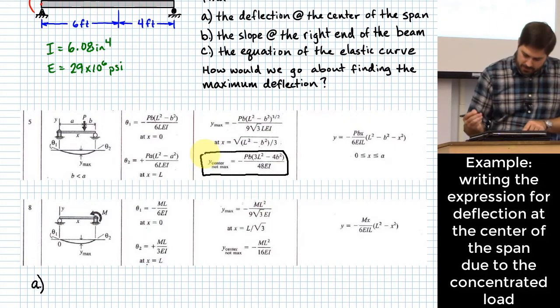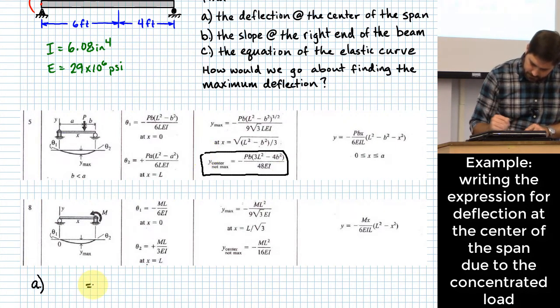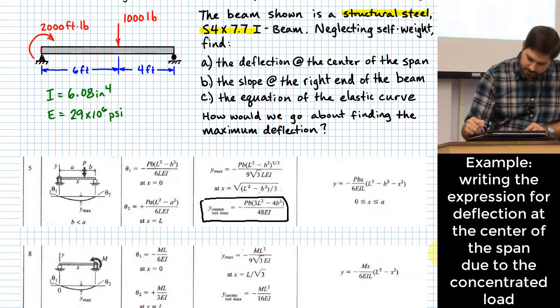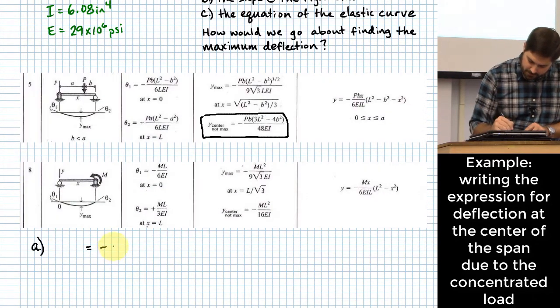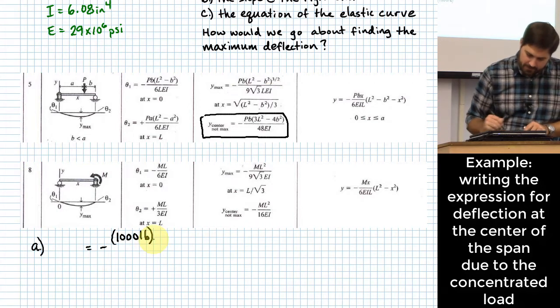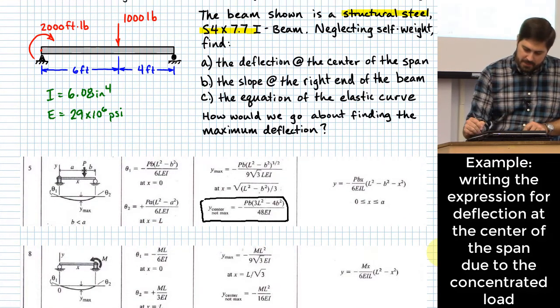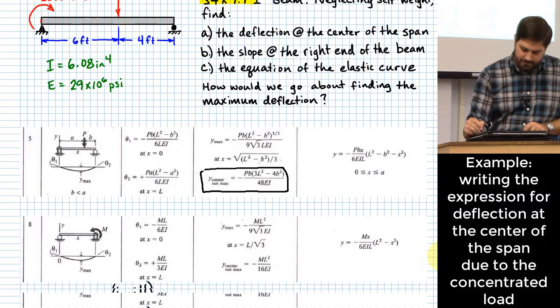So I'm going to take this as being minus, what's P? 1,000 pounds, times B. What's B? For my problem, B is 4 feet.